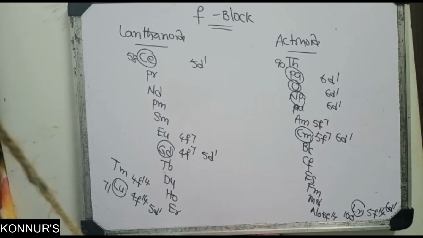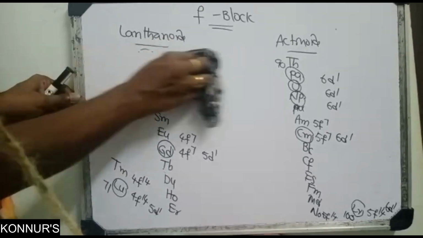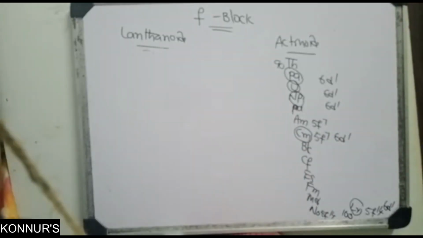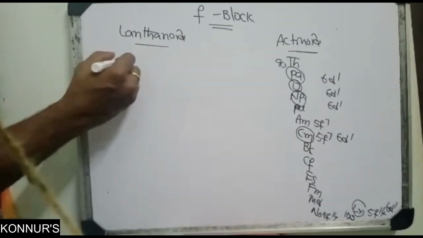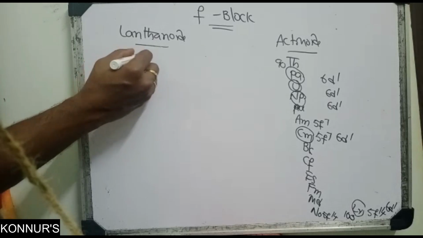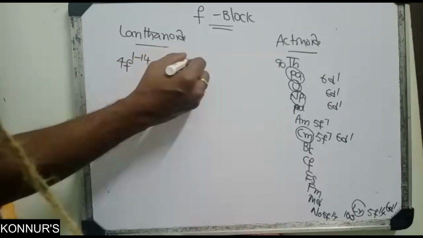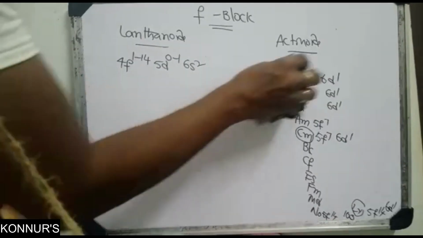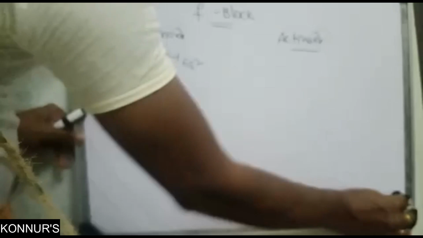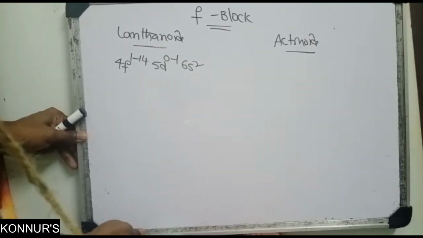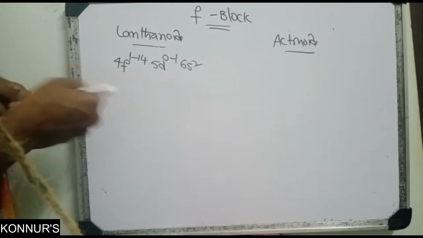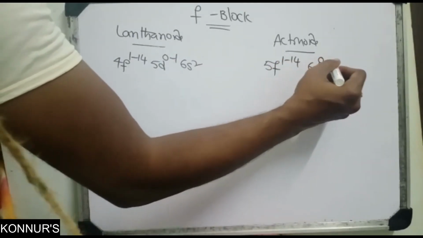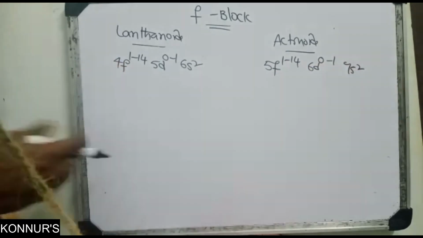Next, general electronic configuration. So general electronic configuration of lanthanides means 4F1 to 14, 5D0 to 1, 6S2 is the general electronic configuration. What about actinides? So instead of 4F, you take 5F. So 5F1 to 14, 6D0 to 1, 7S2.